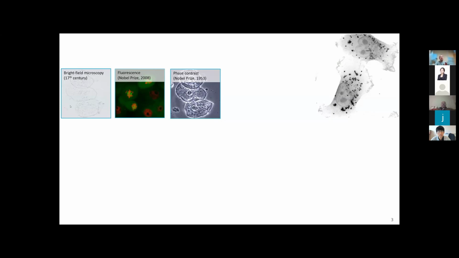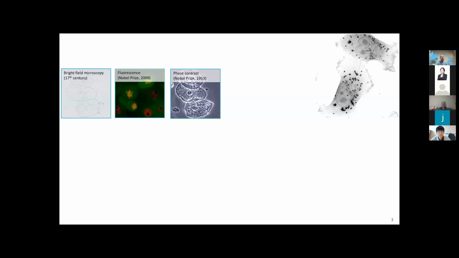But if you directly look at unlabeled cells or bacteria, they look almost transparent because most of the proteins are very transparent in visible wavelengths. And that's why people introduced staining agents such as H&E or the Pap smear in serology and histology.